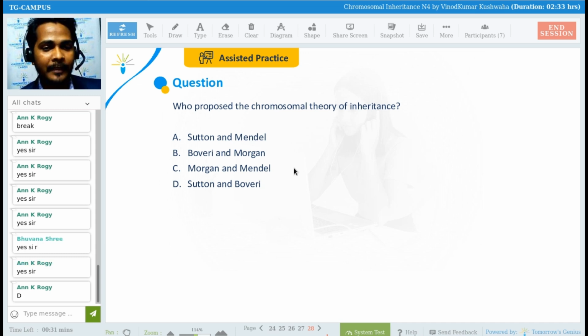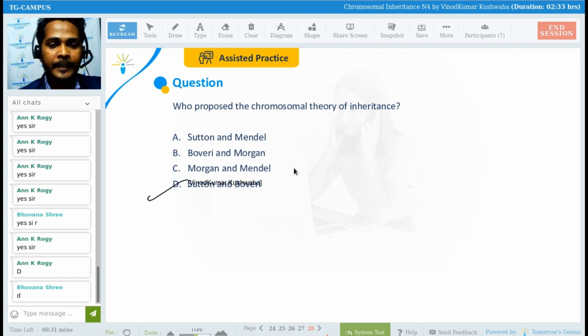Morgan and Mendel, Sutton and Boveri. Okay, Bhuvana and then Kevin responded. What about Kirtini? Please respond fast. Who proposed the chromosomal theory of inheritance? This is a very simple question. Yes, it's Sutton and Boveri.